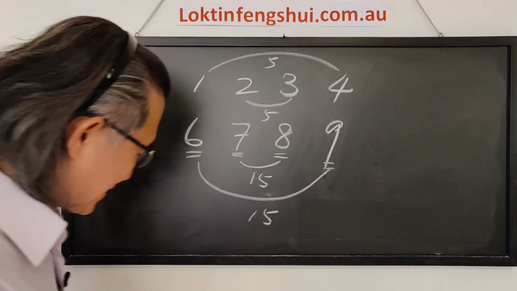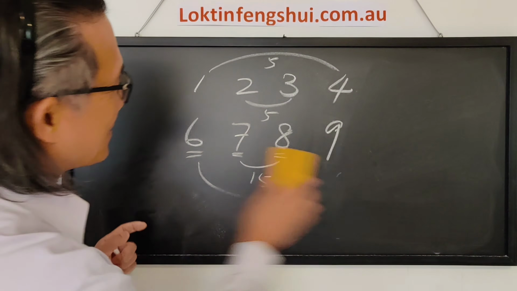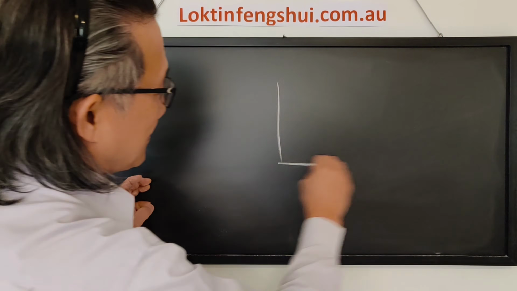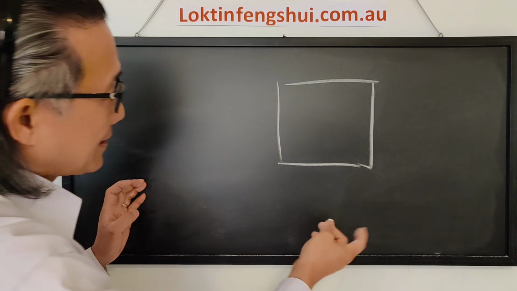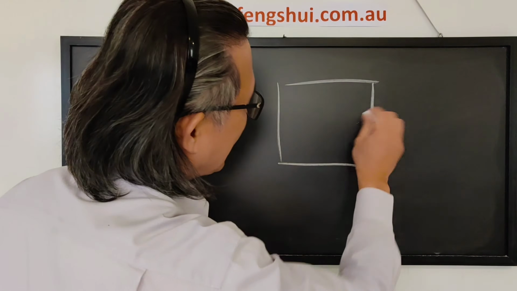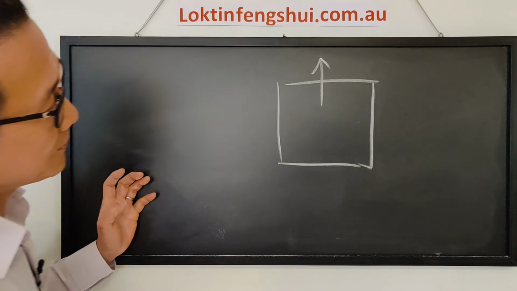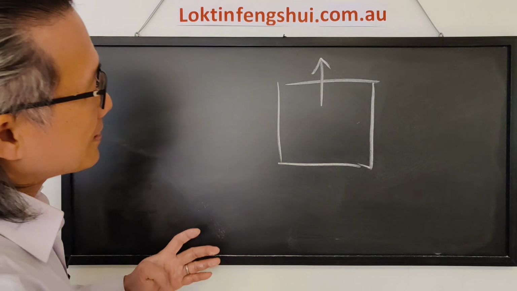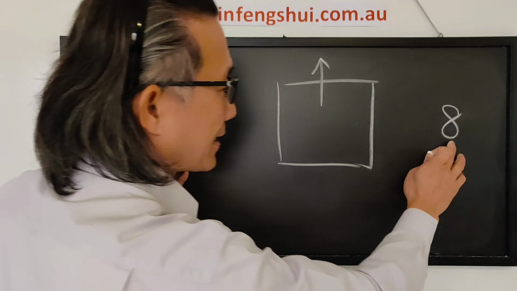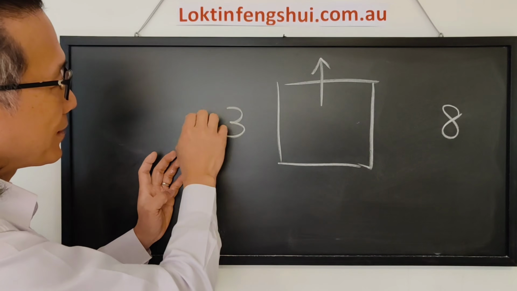Okay, so for example, in the current time, let me give you, say someone's house is facing south, okay, facing south. In the current period, we are in the 8th. So in the Zhenggua here, number 3, you can put water.